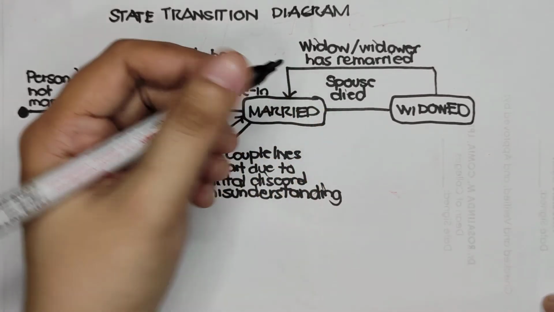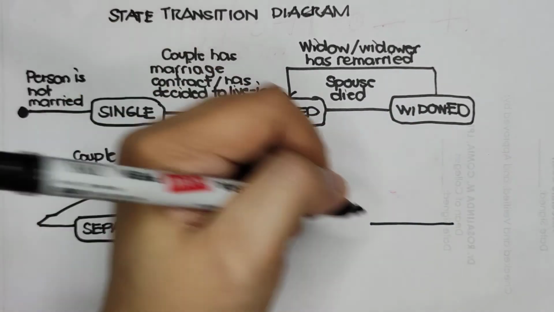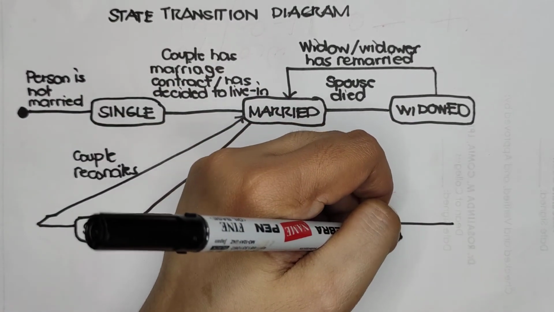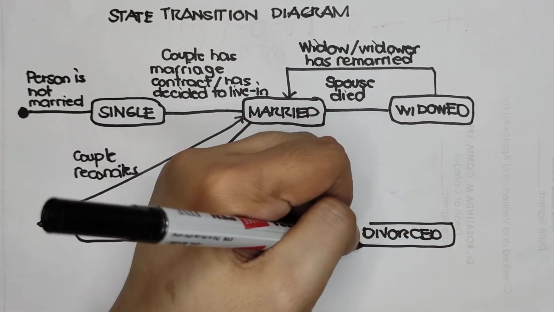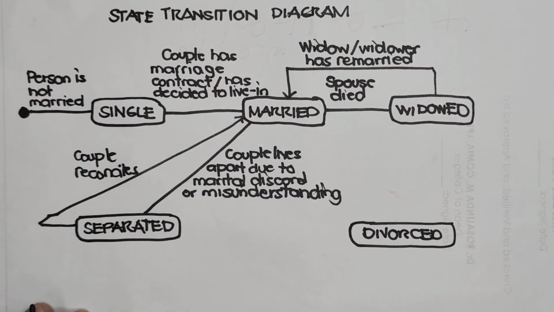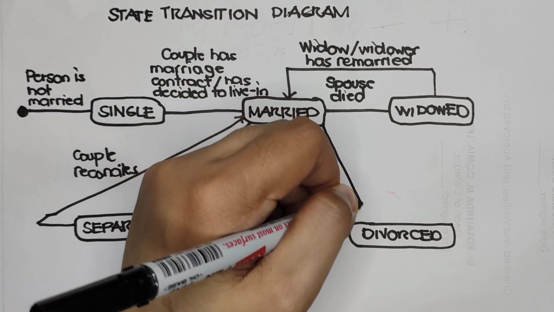Our last one is divorced. So let's put divorced here. Can married couples directly file for divorce? Actually, they can.